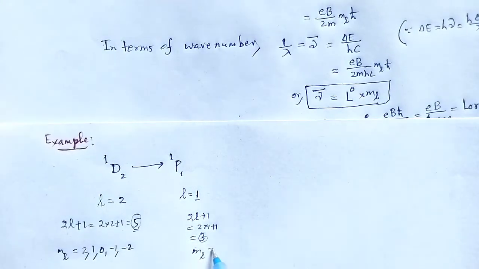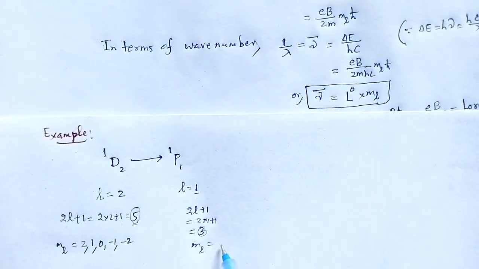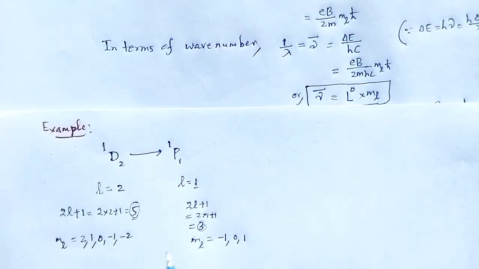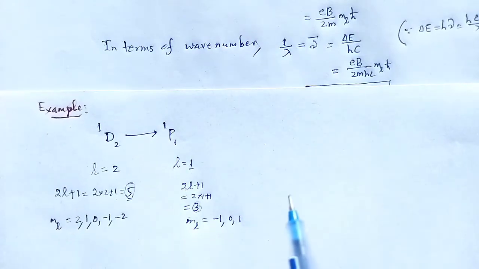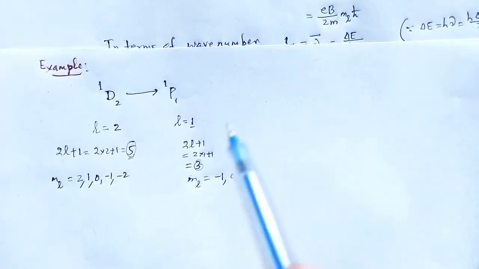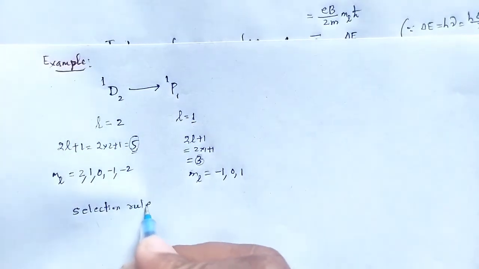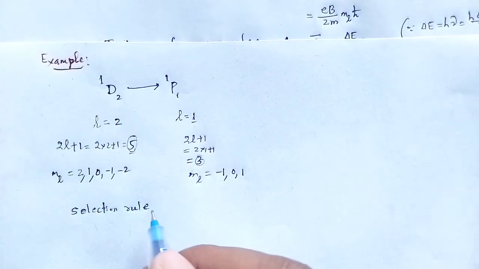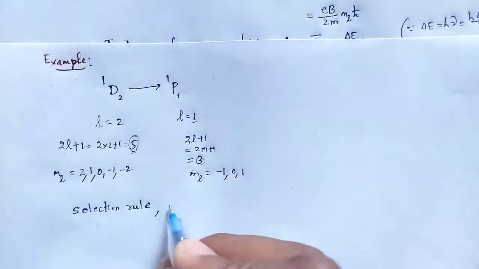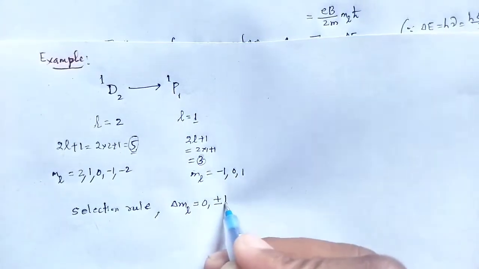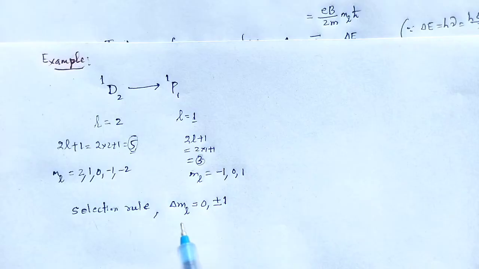Here ml stands for 3 values, that is -1, 0, 1, and the transitions are carried out using a selection rule through which the allowed transitions are possible. The selection rule is del ml equal to 0, plus or minus 1. The transitions which obey the selection rule are the allowed transitions.